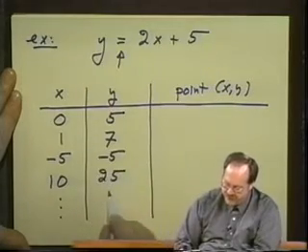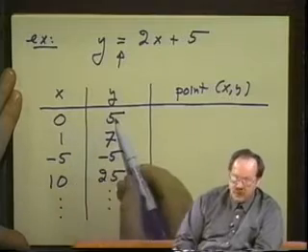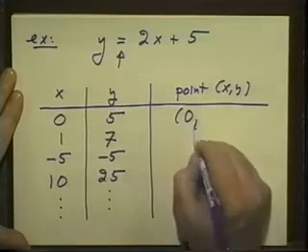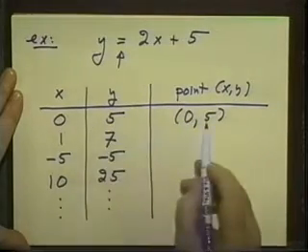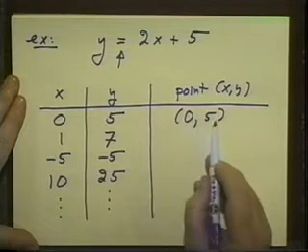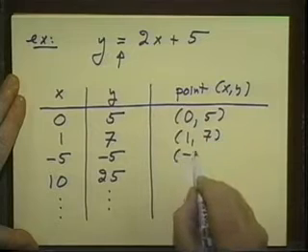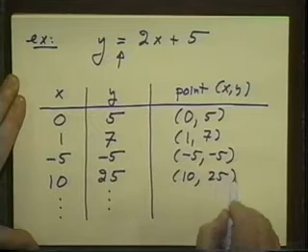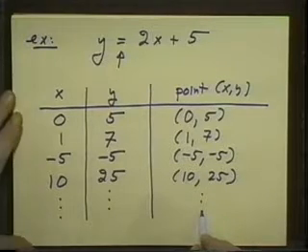So y is 25, and we could continue that with any number of points we liked. Having an x and a y creates a point that we can then graph. So this is the point 0, 5, where the x value is in the first position, the y value is in the second position. That's what an ordered pair is. And then the other points are 1, 7, minus 5, minus 5, 10, 25, etc.